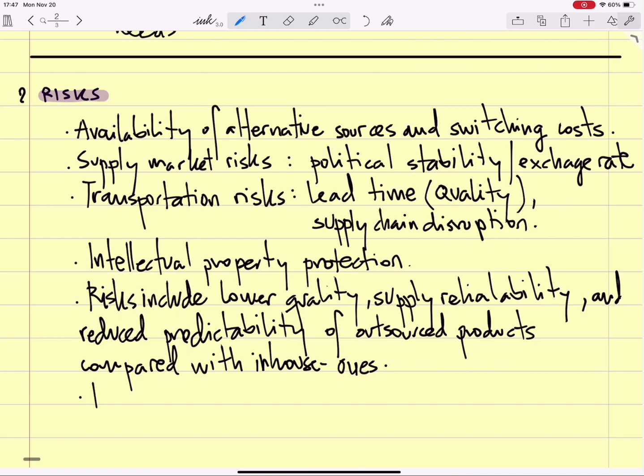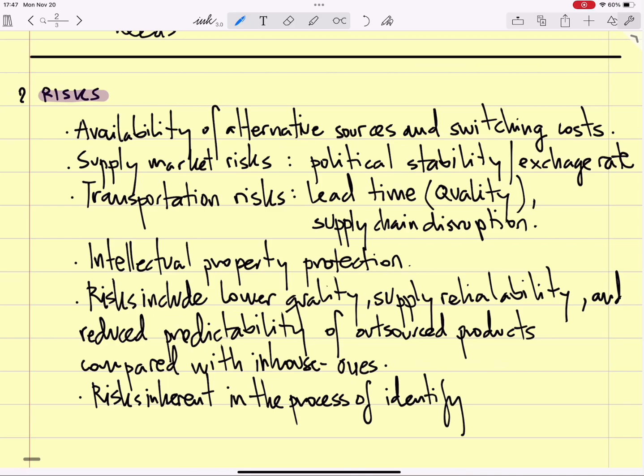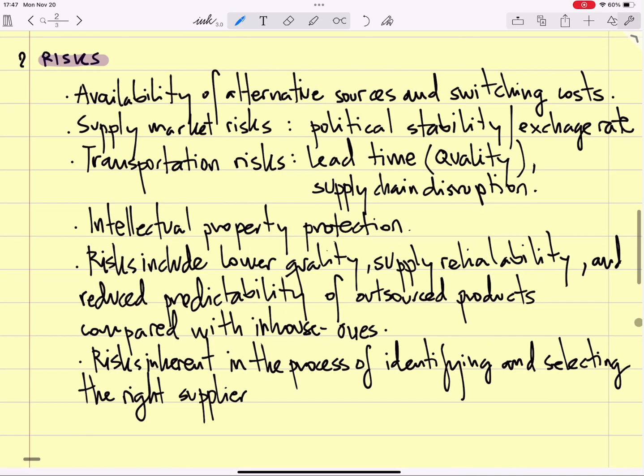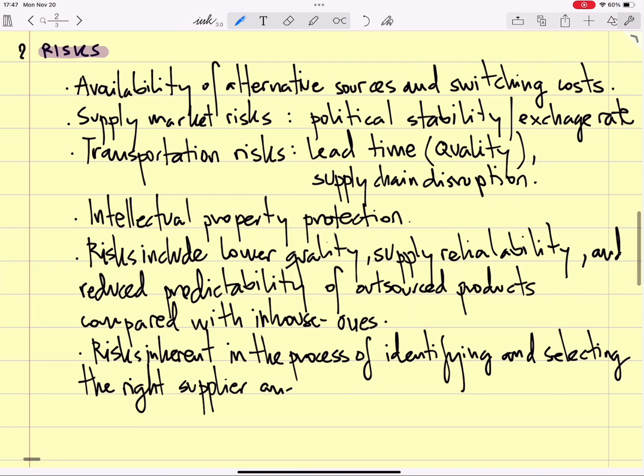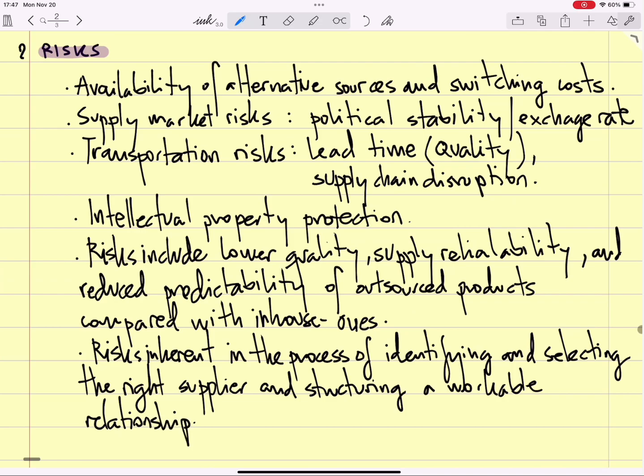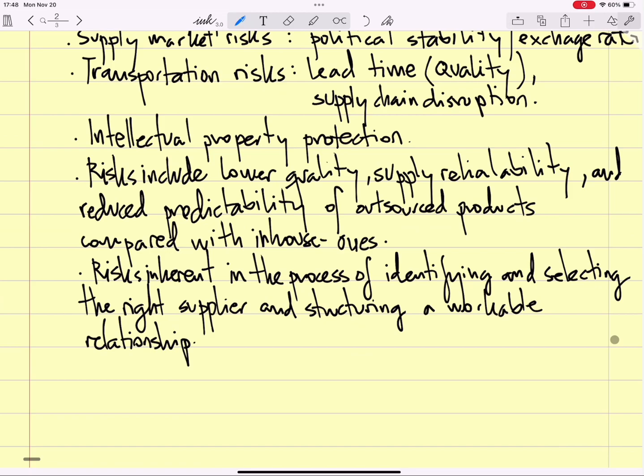So there are risks inherent in the process of identifying and selecting the right supplier and structuring a workable relationship.